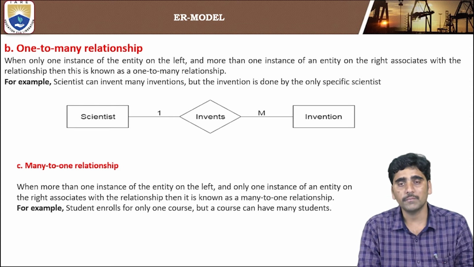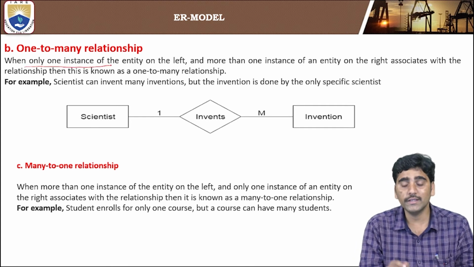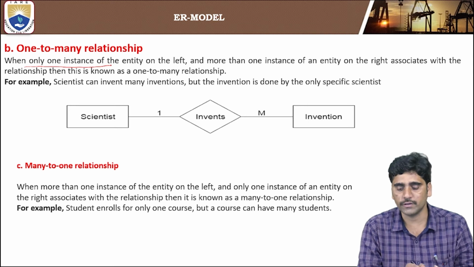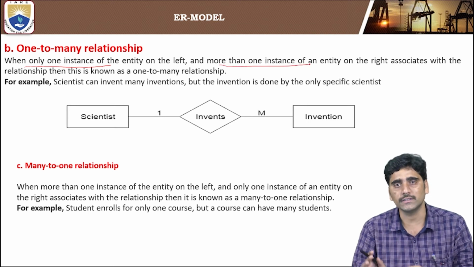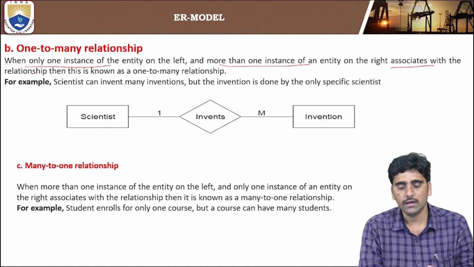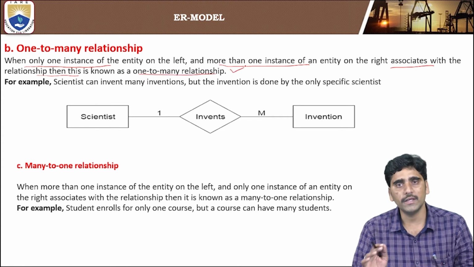That means from the left entity and from the right entity. See here, when only one instance of the entity on the left and more than one instance of an entity on the right associates with the relationship, then this is known as a one to many relationship.